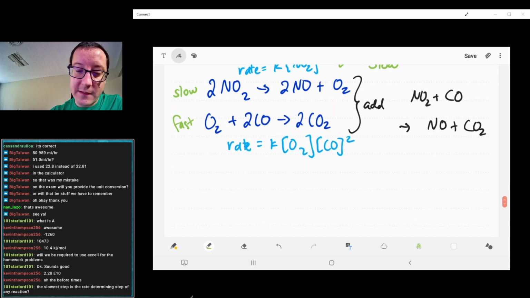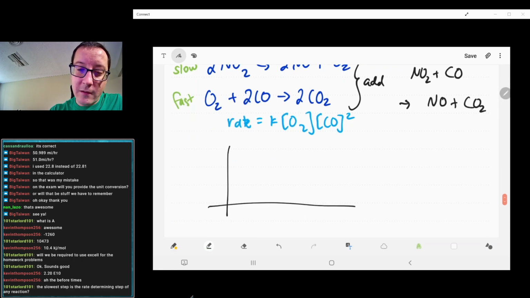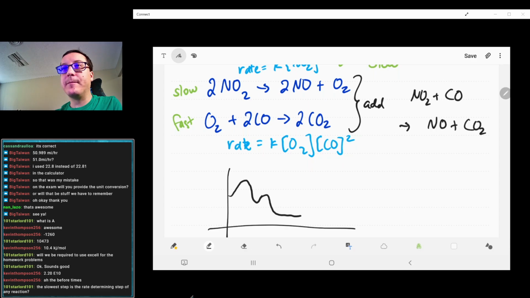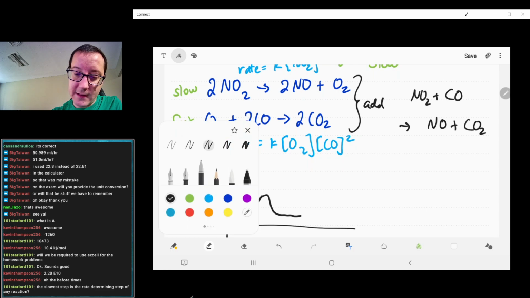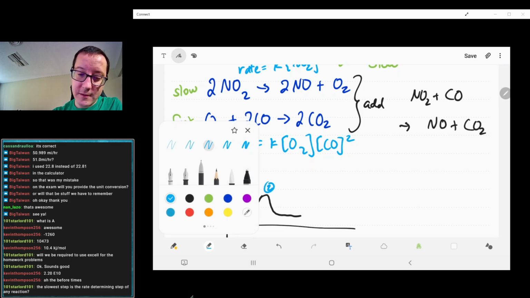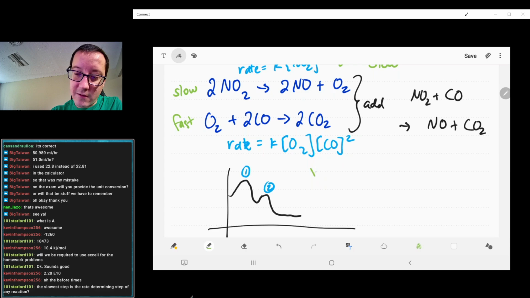And so if we were to look at this thing graphically speaking, I'm just putting this as exothermic. I don't actually know if it is or not. But that's telling us, hey, here's our first step. Here's our second step in that. And note, we also have an intermediate.